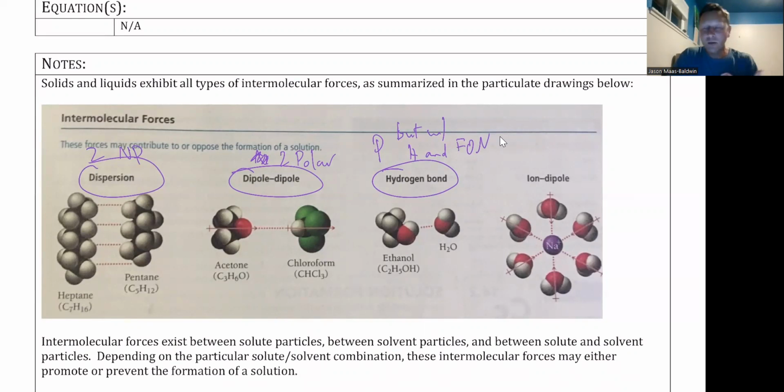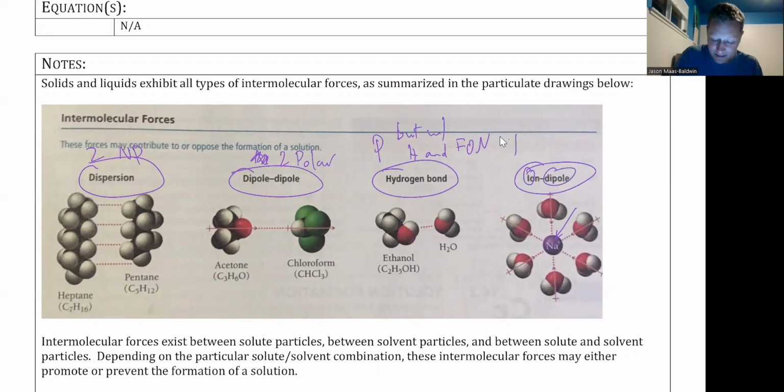And then the most common force we'll see in solutions is this one right here, an ion dipole force, which is when you have some ionic solution, such as sodium chloride, dissolved in water. And so that's an ion dipole.